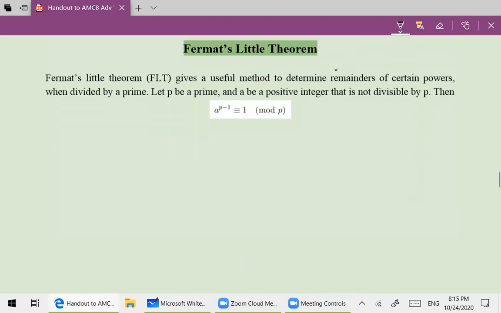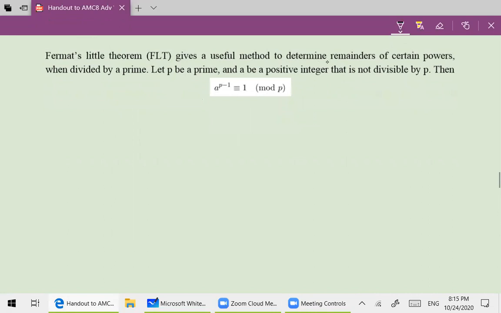Now, for Fermat's little theorem, this is just a little side thing that could be useful in the later AMC 8s. So it basically says this, and I won't go into the details of a proof.